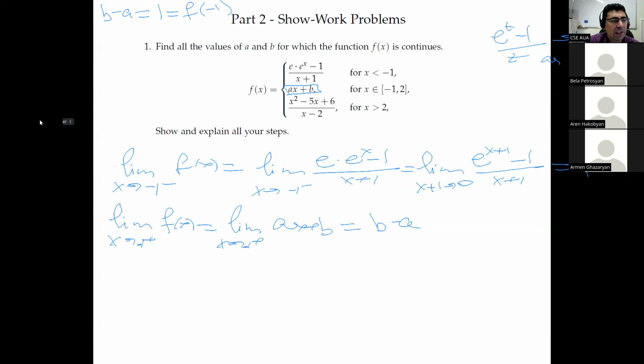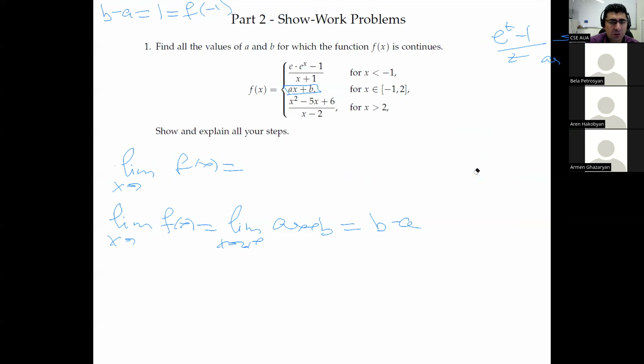What else we can say? We can consider now limit of our function from right and left at point 2. And let's see what happens here. Limit at 2 from left and right.